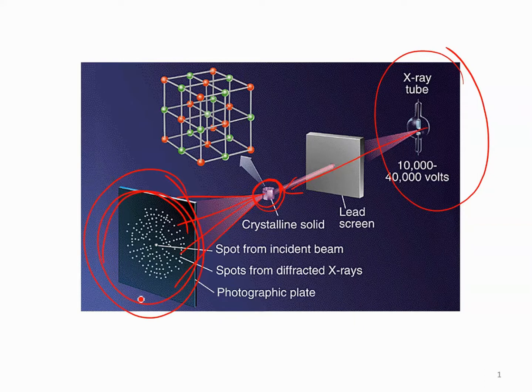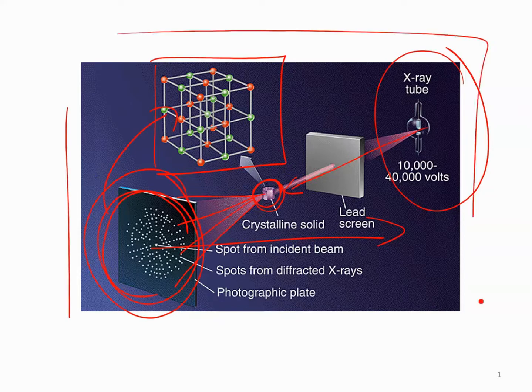From this diffraction pattern, we process it and then obtain the structure like this. In this chapter, I will introduce a few different types of simple structure, and in the next chapter, the technique to determine the structure, which is X-ray crystallography.